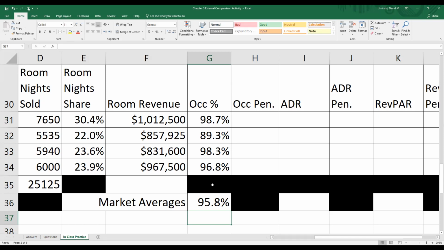All right. Now here's the occupancy penetration index. In this case, we are comparing our hotels to the average of the market.